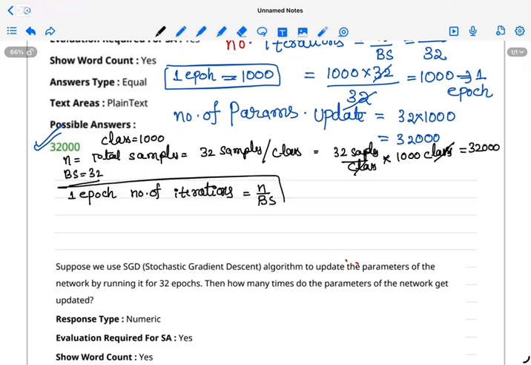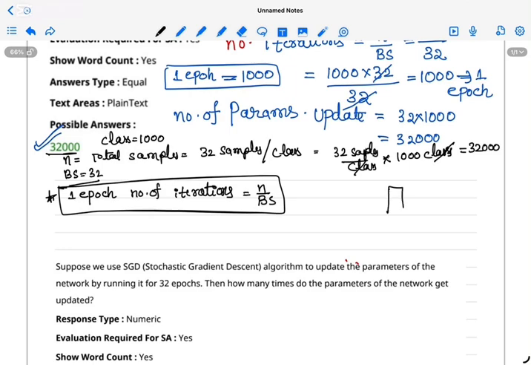You have to remember this formula, it is important. For one epoch, the number of iterations; if multiplied with 32 epochs, as they are asking, that is the total number of updates.